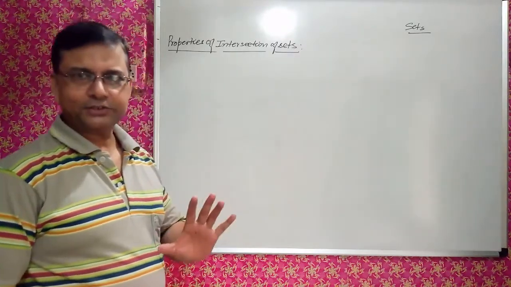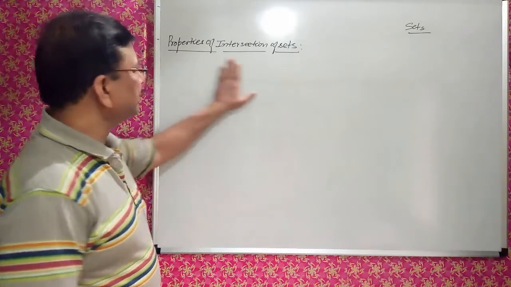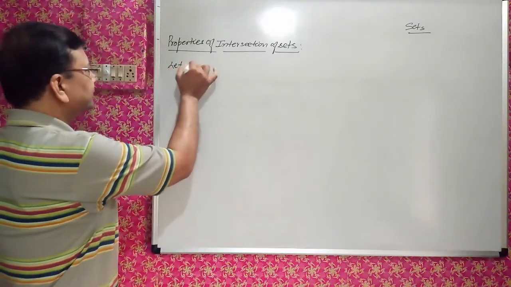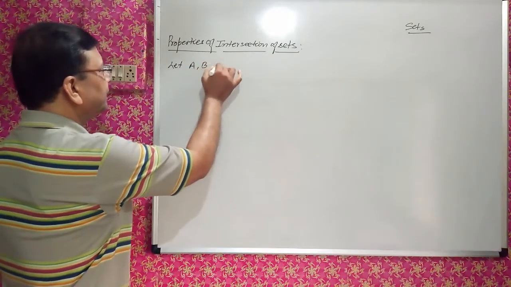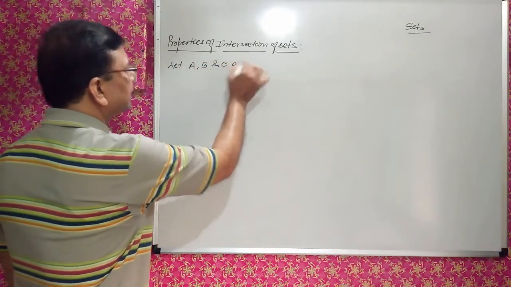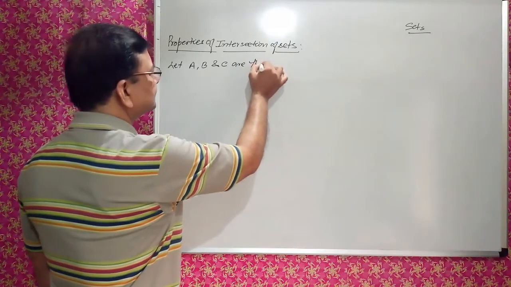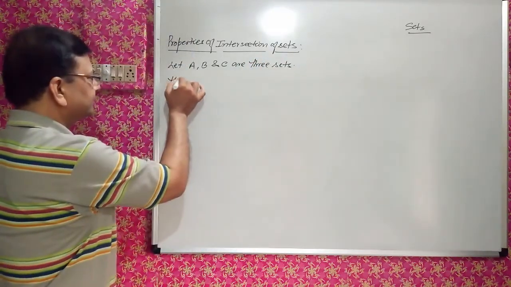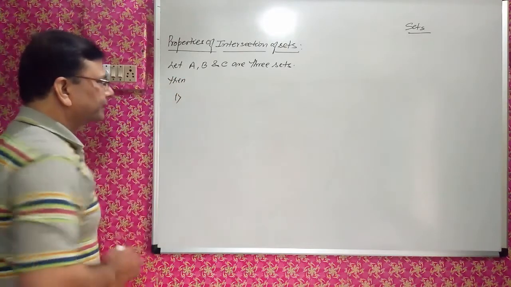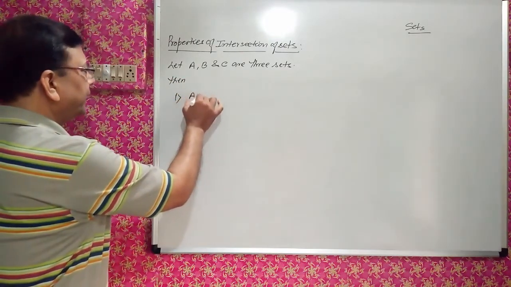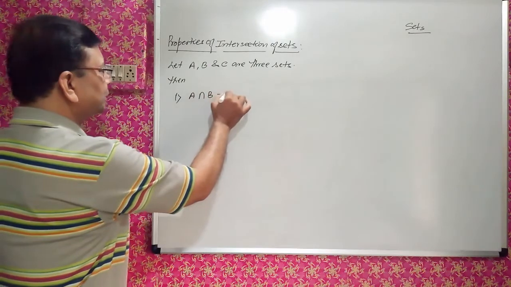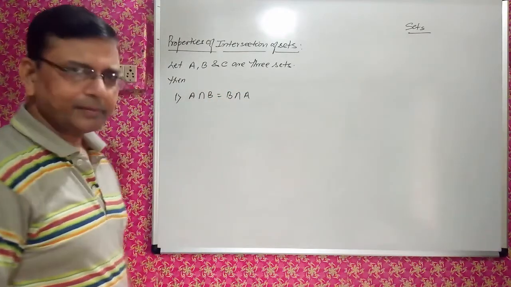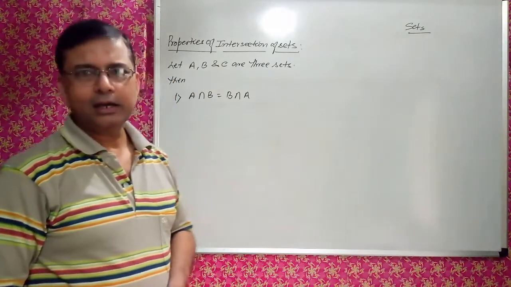Now we will look at the properties of intersection of sets. Let A, B and C be three sets. Then the first property, A intersection B is equal to B intersection A, as it was the case for union.